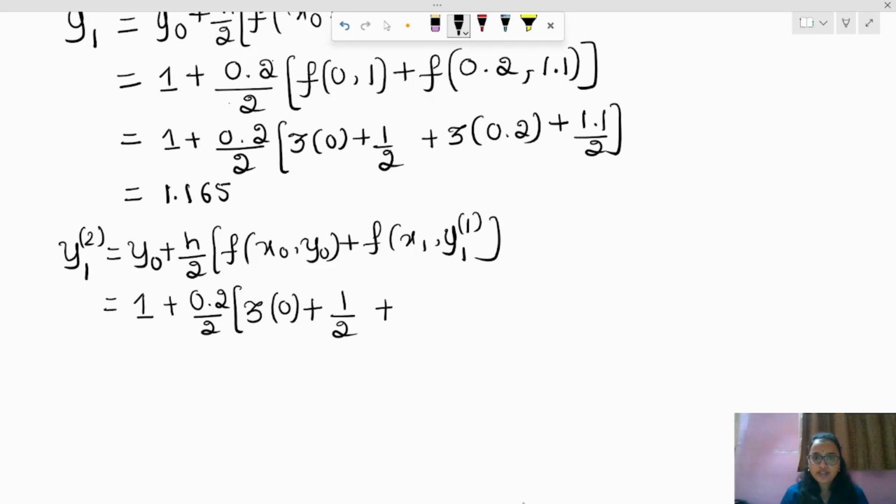Now f of x1, which is 0.2, and y1 at first approximation.